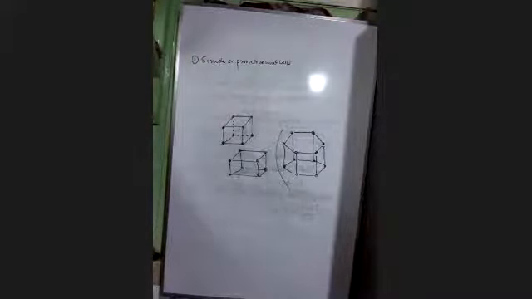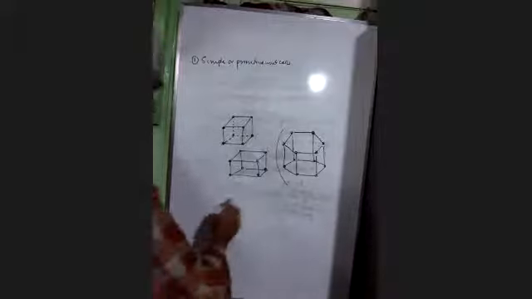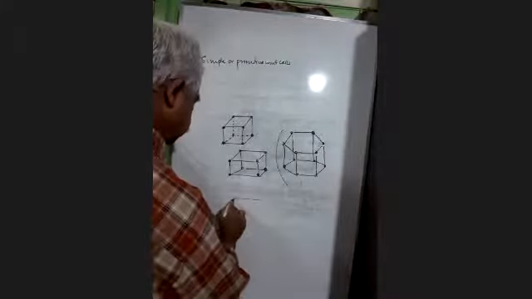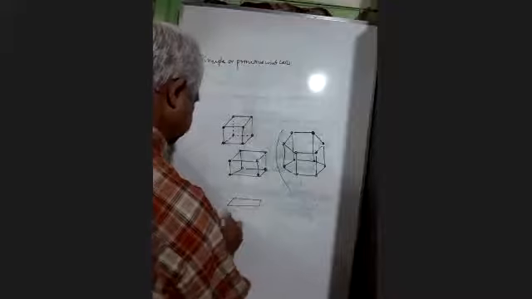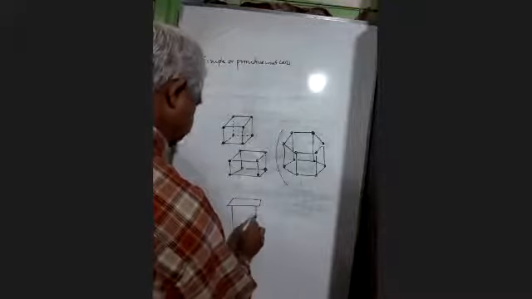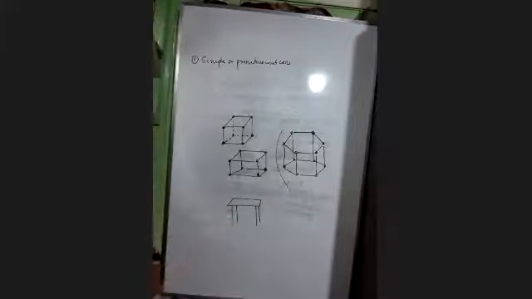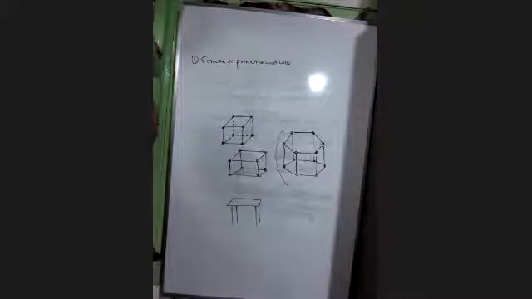See, you want to make a table. So table require what? This is a table. It must have 4 legs. Is it not? 4 legs are essential to make a table. You can use any type of wood that you have.